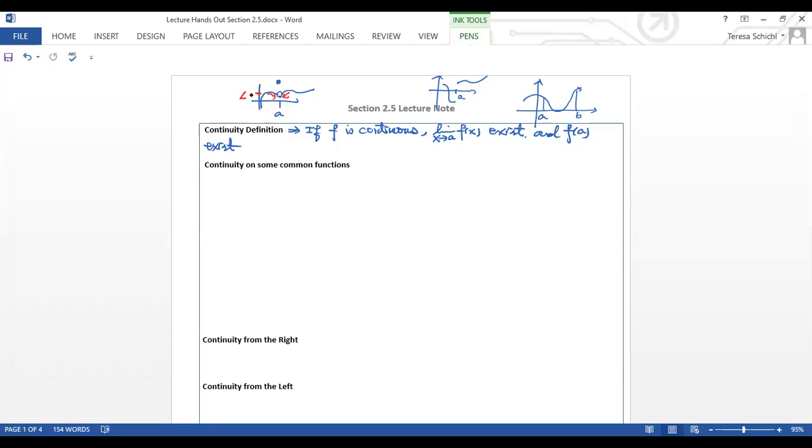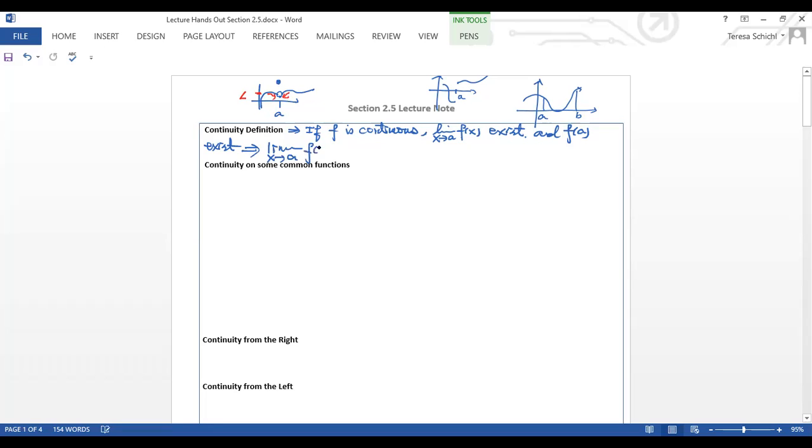But from the graph you can see this function is obviously not continuous, because this solid dot is my function value. That's why this is one level higher than the limit existing. The limit has to exist and the function value has to exist. Here the function value exists, and the limit exists and is L, but it is obviously still discontinuous.